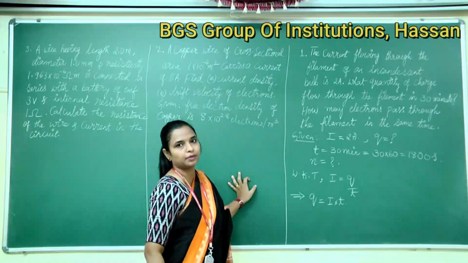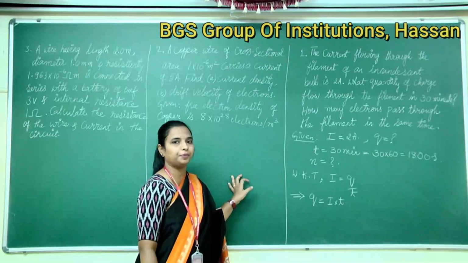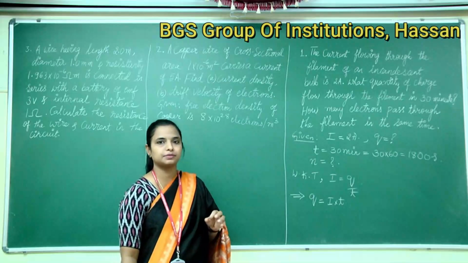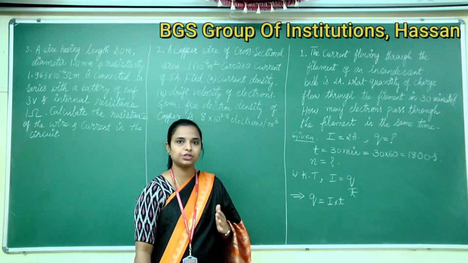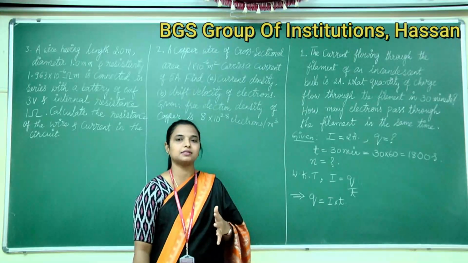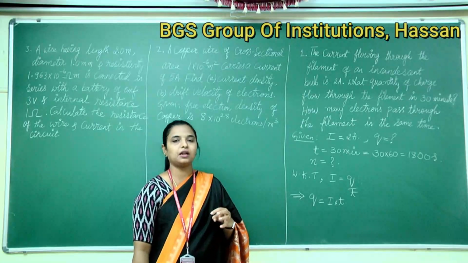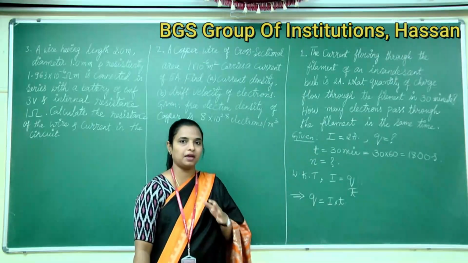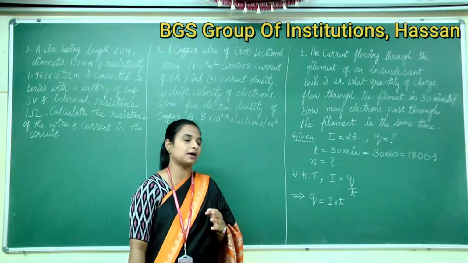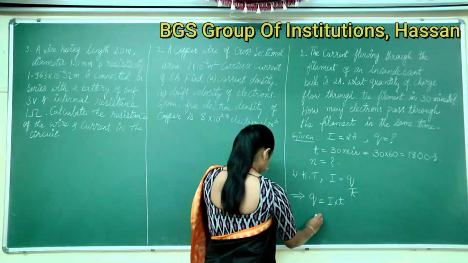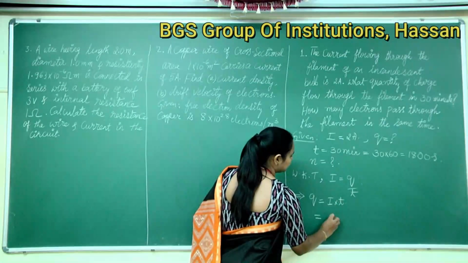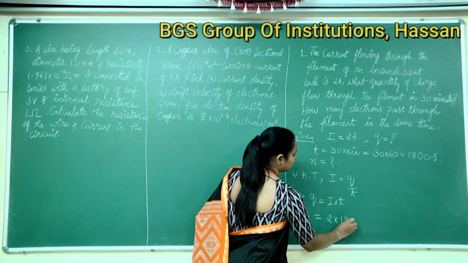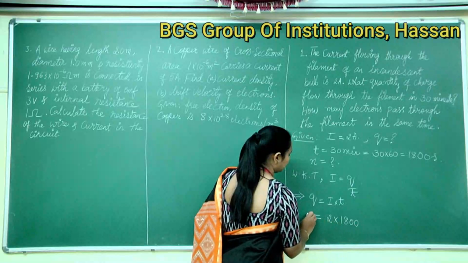While answering any problem, first you should write the formula. Formula carries marks. Substitution also carries marks. Calculation and writing the answer along with the unit also carry marks. If you skip any step, you'll lose your marks. Now substitute the value. I is 2 into T is 1800.